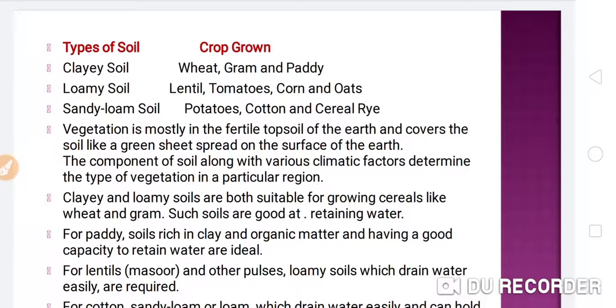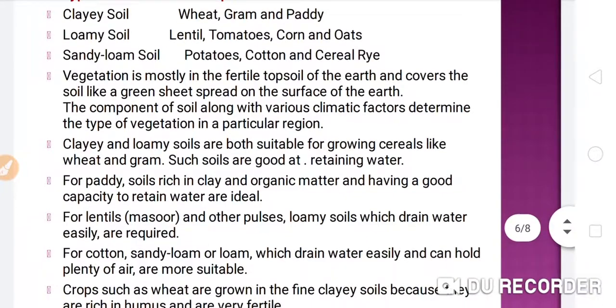Clay and loamy soils are both suitable for growing cereals like wheat and gram. Such soils are good at retaining water. So those soils which can retain more water are the best soils. Both clay soil and loamy soil have good water retaining capacity.